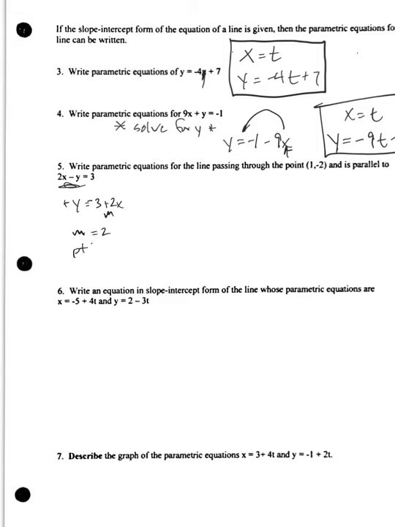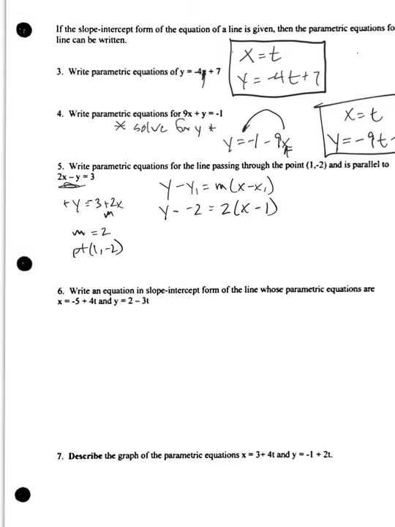We have a point of 1, negative 2. Now we're going to use point slope form. If you've forgotten what point slope form is, it's the best way to write an equation of a line with what we have. So it's y minus your y coordinate equals the slope times x minus your x coordinate. We have a slope, we have one x and one y, so the equation will have an x and a y in it. So let's plug this in here. y minus negative 2, our slope is 2, and x minus 1.